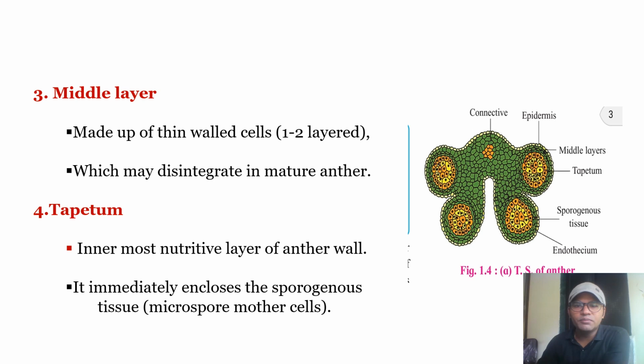Third layer is middle layer. Middle layer consists of 1 to 2 layers, and it covers each pollen sac. Here you can see each pollen sac is covered by middle layers. Last one is tapetum.